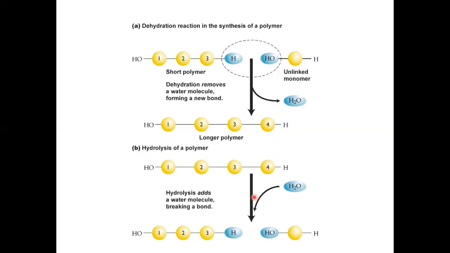Even though we're not seeing enzymes on the arrow, there's enzymes here, and we'll talk about enzymes in a little bit. So you're adding water, and that's called hydrolysis. If we look at the name, hydro means water and lysis means to split. So you're going to add water and break that bond, and so you're taking that 4th sugar off.